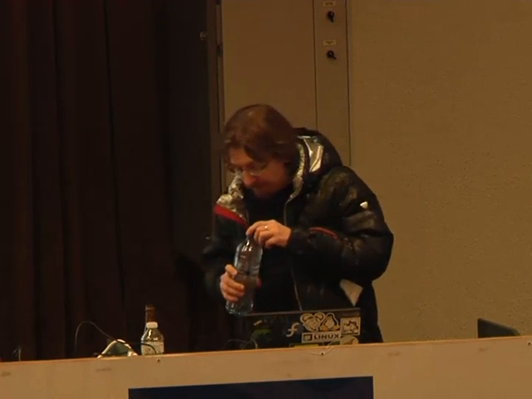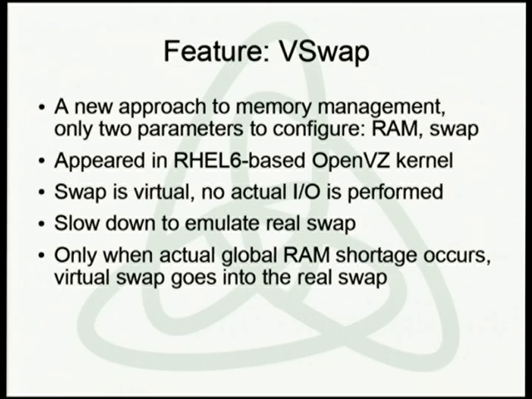Now I want to tell about a few features we've been working on recently. The first feature is called vSwap, or virtual swap. When I was telling about the resource management and those user beancounters, there are 20 parameters, and the good thing is that you have a lot to configure, and the bad thing is you have a lot to configure.